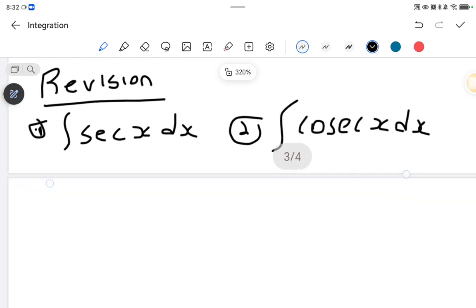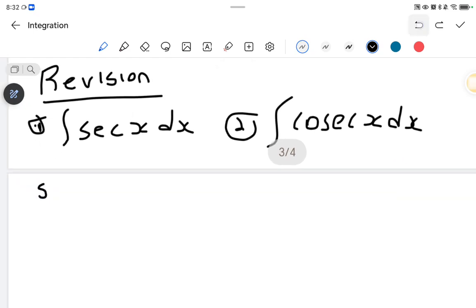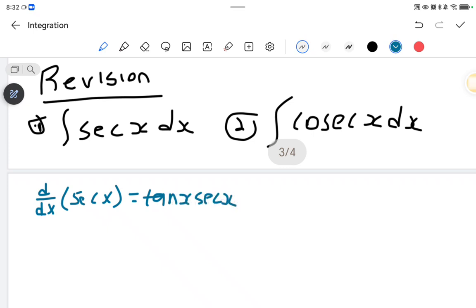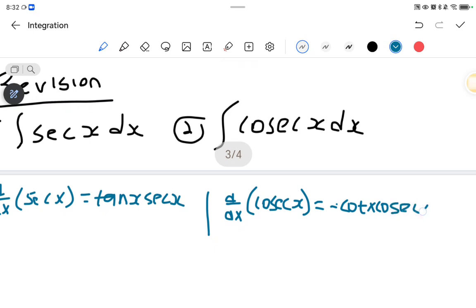Given that we know the derivative of sec x is equal to tan x sec x, and also the derivative of cosec x is equal to minus cot x cosec x.